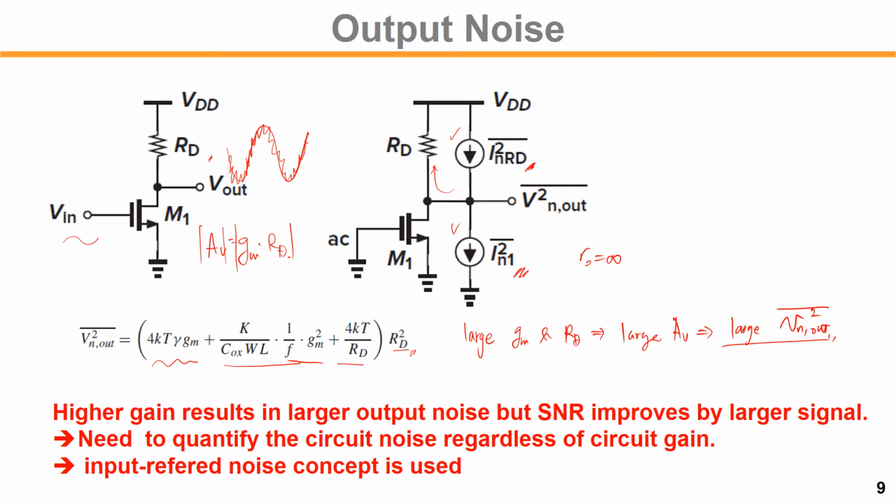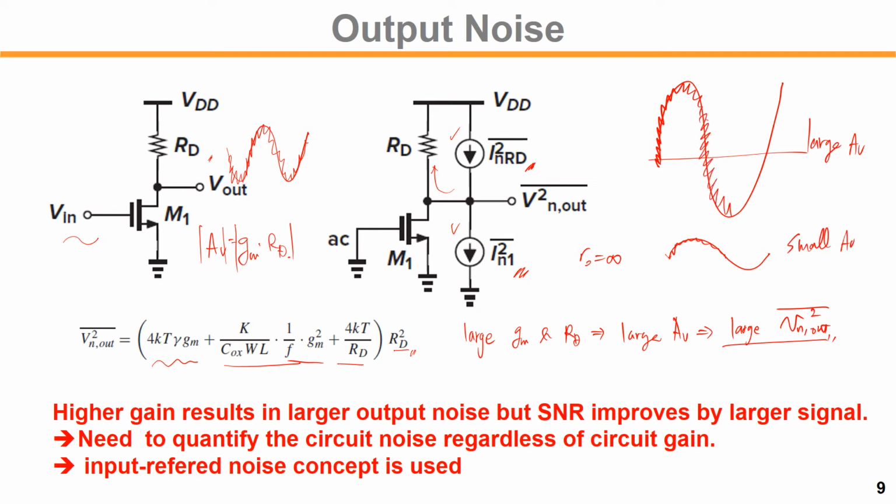Even with larger noise, if the signal is much greater than in the small gain case, then SNR improves, right? With small gain, SNR goes down.